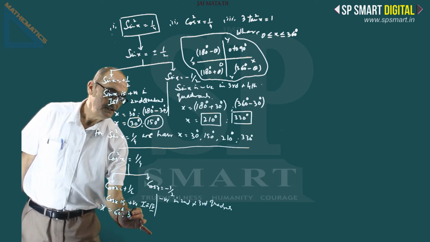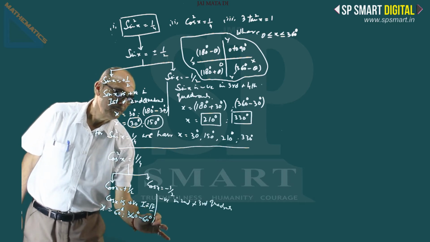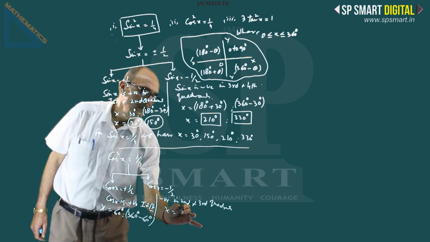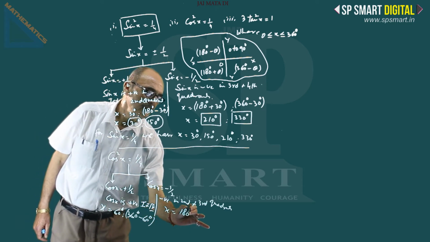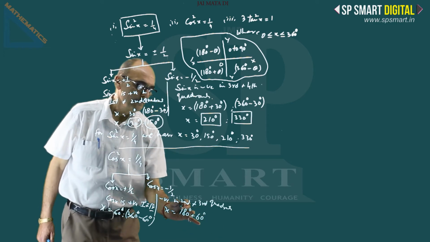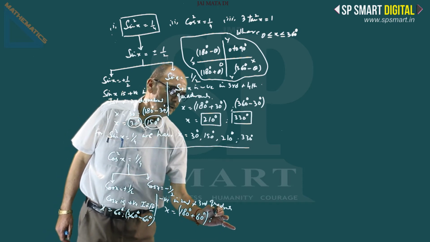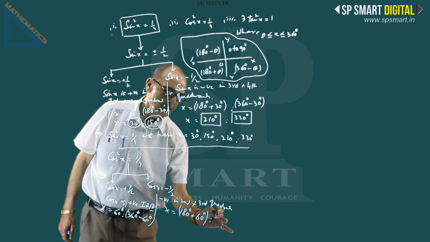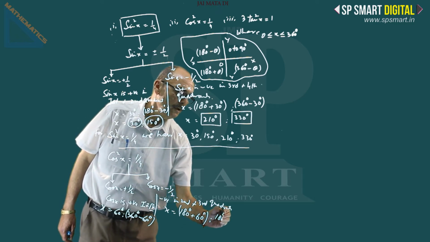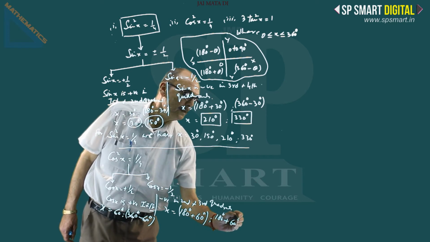In fourth quadrant it is 360 minus 60, and here in this case x equal to in second quadrant 180 degree minus 60 degree and in third quadrant 180 degree plus 60 degree.